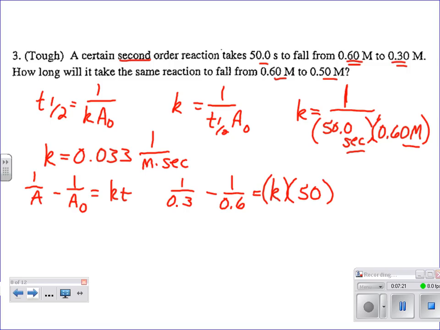And again, you get that exact same value of k equals 0.033, 1 over molarity times seconds. So same thing. We know that we can solve for our k.